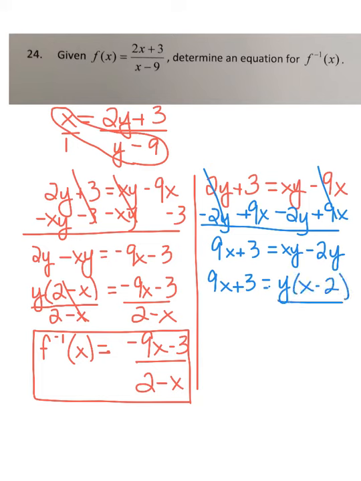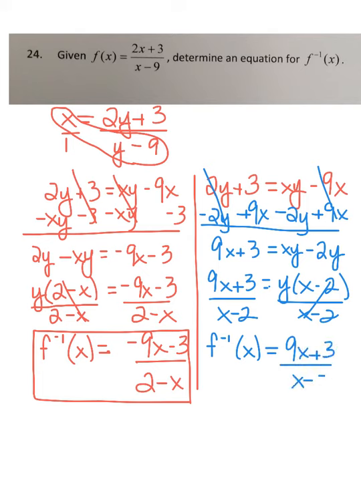Then to get the y by itself, I divide by x minus 2. And then you see, I'm not going to write y equals because they're using the function notation, but f inverse of x equals 9x plus 3 over x minus 2. So that's the other option.